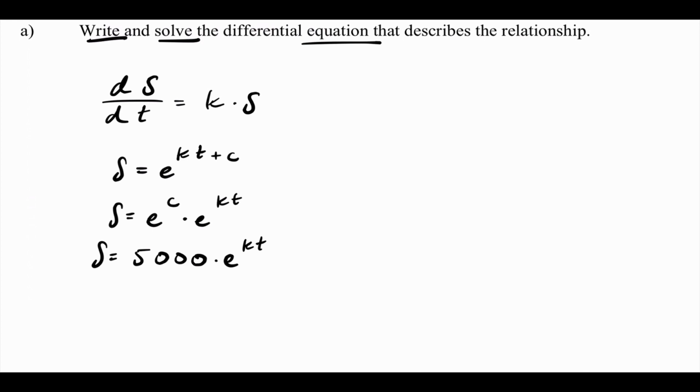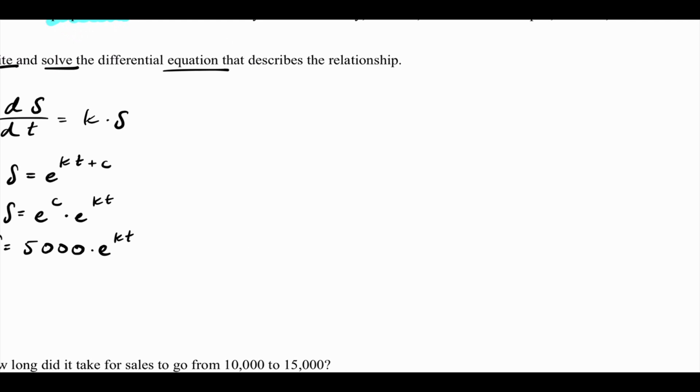Now we need to make our table. So we have T in months and S in sales, units. So didn't we say our initial was 5,000? Right?